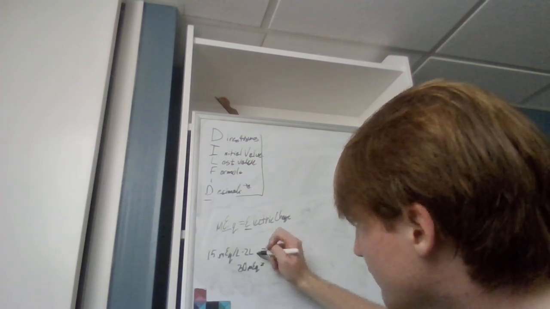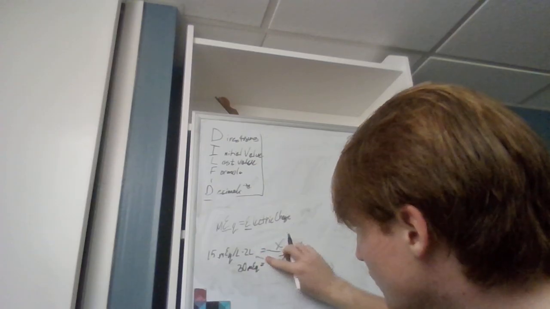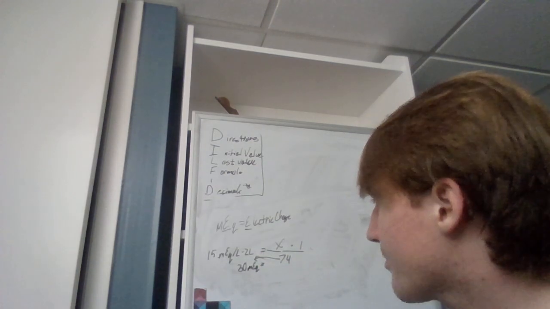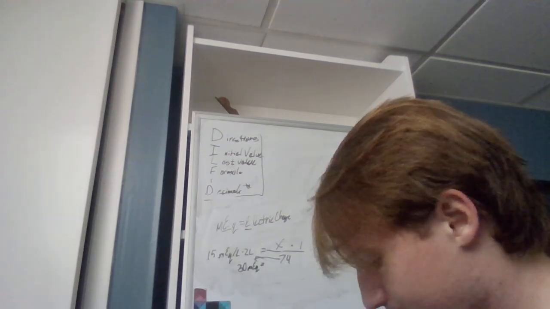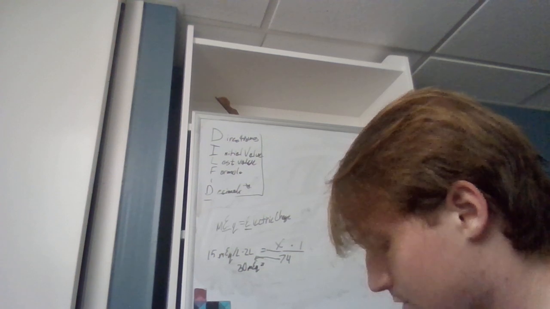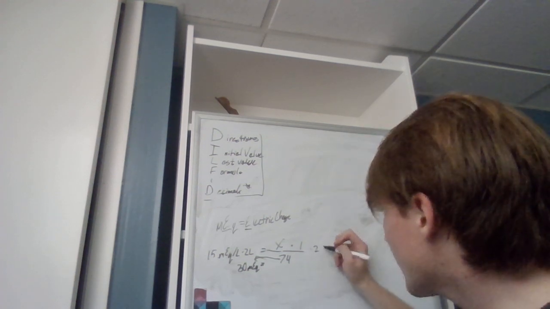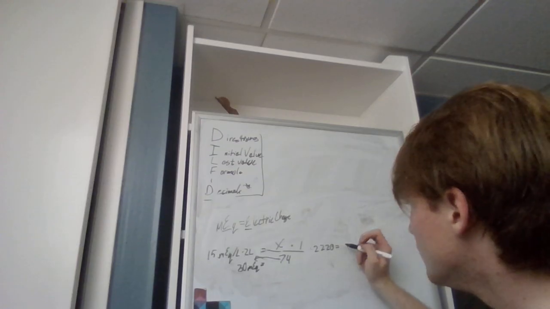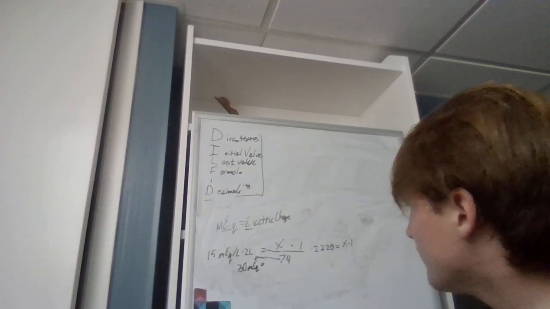You multiply by both sides. So 30 times 74 is 2,220. 2,220 is equal to X times 1.